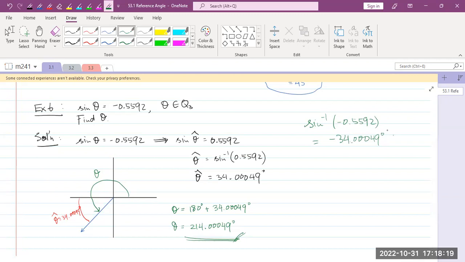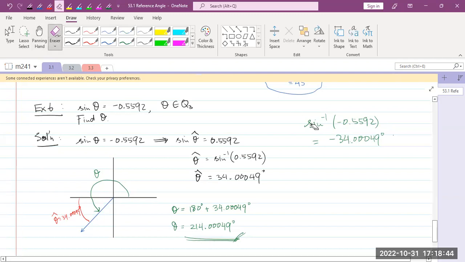So here's the warning. When you do sine inverse or cosine inverse or tangent inverse, you need to deal with that using reference angle, using an acute angle. Then after you get the angle, you bring it back to, in this case, quadrant 3. That's question number 6.